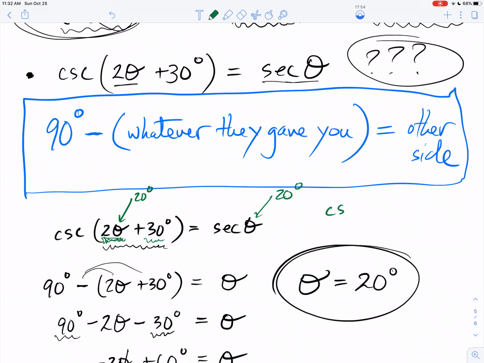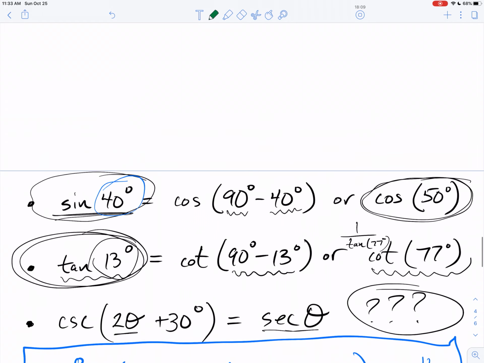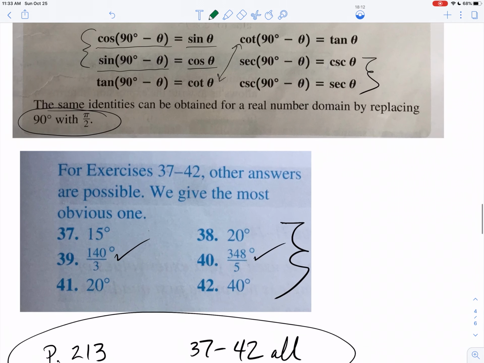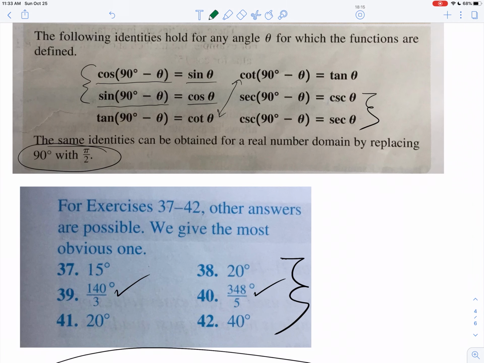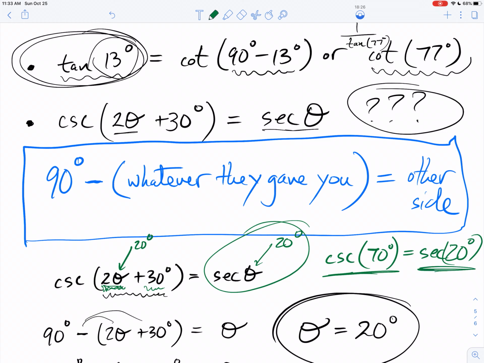So what they're saying is the cosecant of 70 degrees should equal the secant of what? 20 degrees. Yeah. It's true. Totally valid. Cofunction identity. So here, cosecant is 70, 90 minus 70, that better be 20.